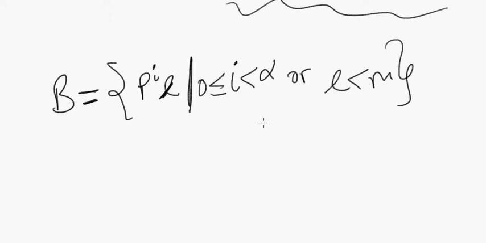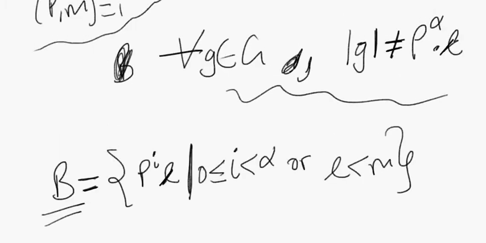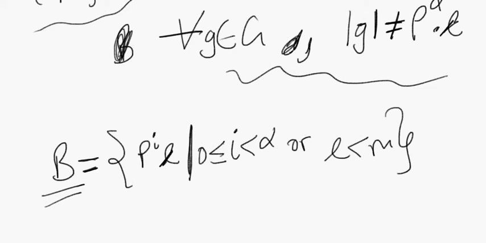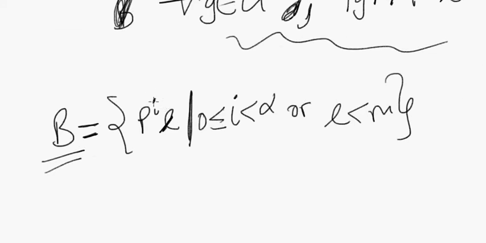Doesn't this set B contain all the possible orders that elements of G can have, given that we're supposing none of them has order p to the alpha times L, and either the power of p is less than alpha?